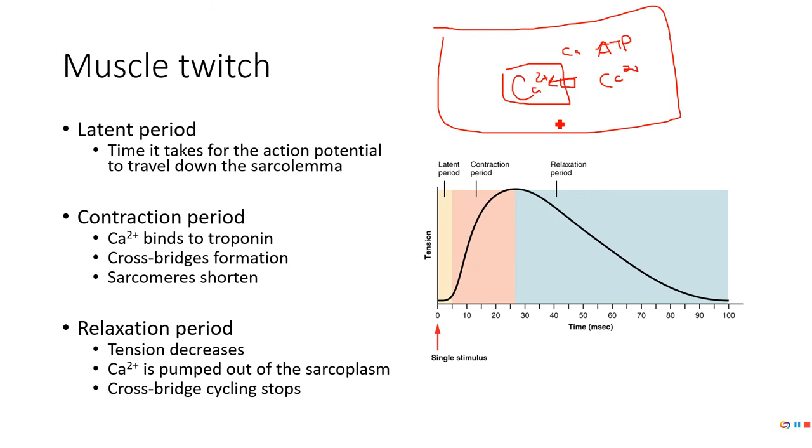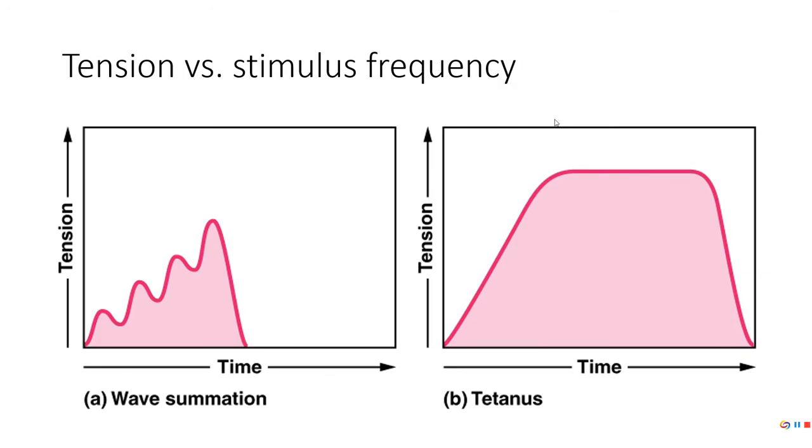Now I want to show you how tension can be affected by how often a muscle is stimulated. This is just a muscle fiber, and it's showing what happens if we stimulate it frequently. Notice that the tension increases every time.